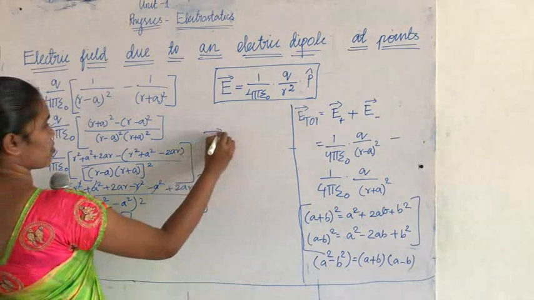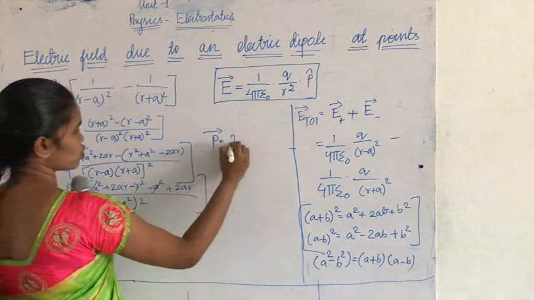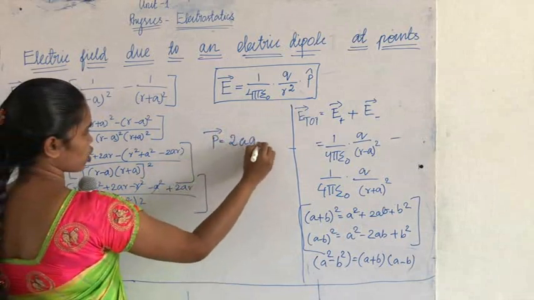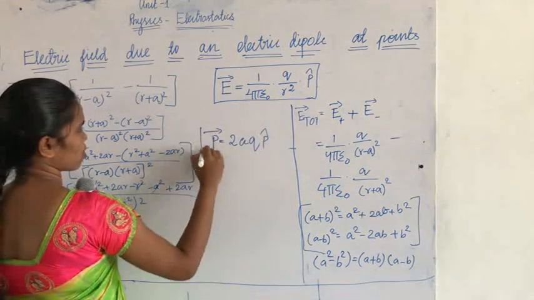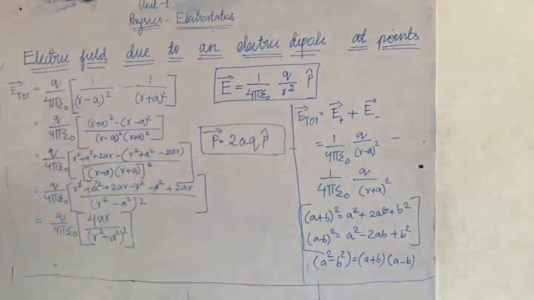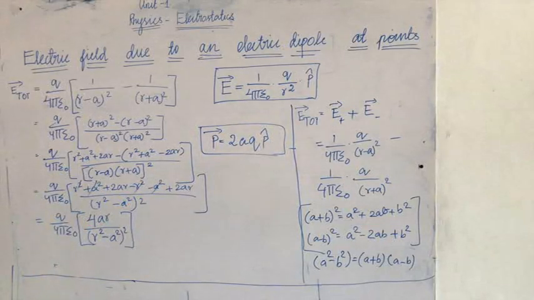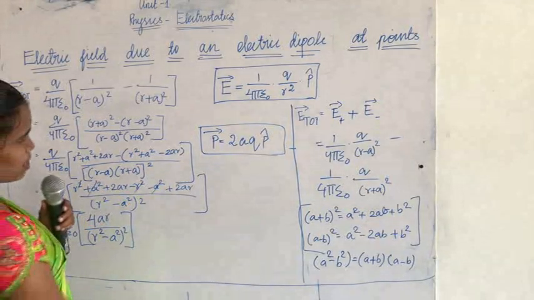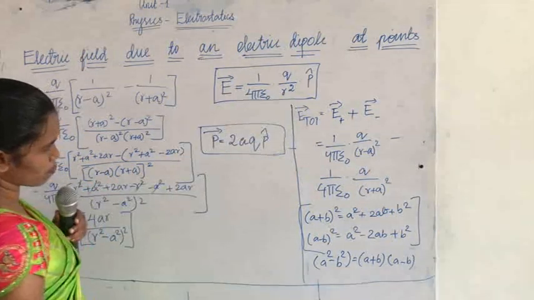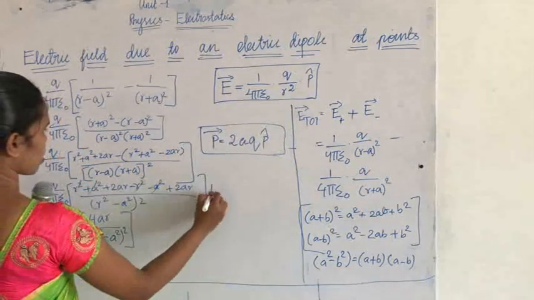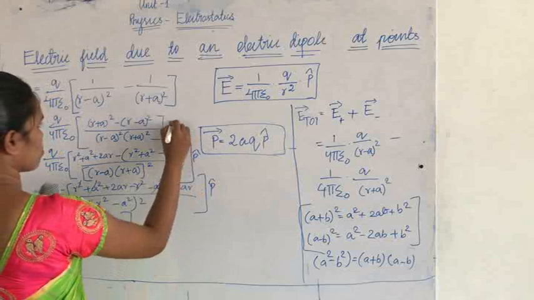P vector equal to 2aq, p cap. Do you remember it? P vector equal to 2aq. The P vector comes along the terms. Everyone okay?